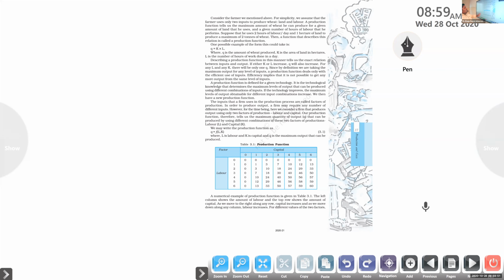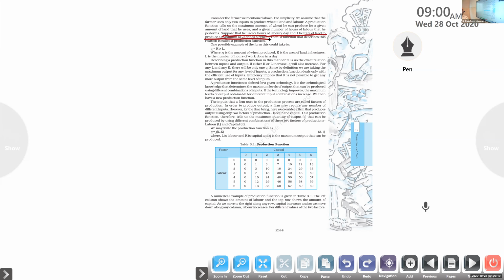Suppose that he uses 2 hours of labor per day and 1 hectare of land to produce a maximum of 2 tons of wheat.